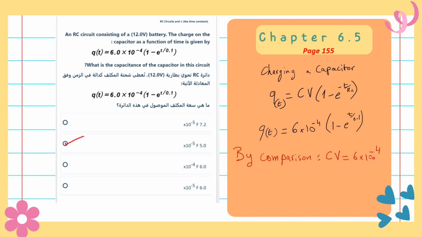How to calculate C? C will be equal to 6 times 10 to the power of minus 4 over the voltage. Here the voltage is given, it's 12 volts. So C will be equal to 6 times 10 to the power of minus 4 over 12, and the capacitance will be equal to 5 times 10 to the power of minus 5 farad.